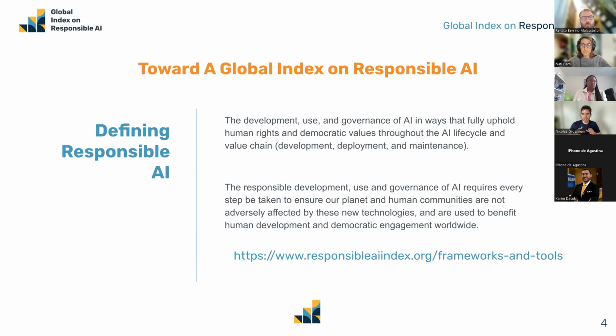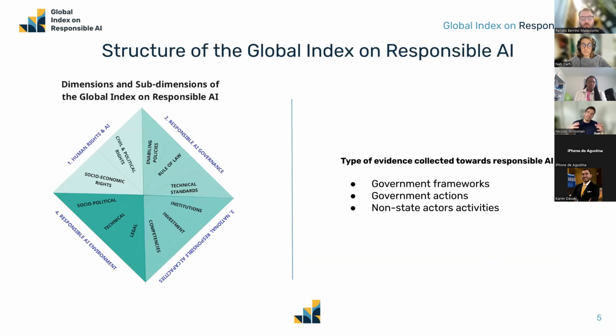Then I will share this URL with you, where we analyze more than 100 existing frameworks and share them with people so they can easily access them and see the background of this conceptual definition. Then, if we want to assess responsible AI at the country level, we have to operationalize that concept with sub-concepts from the conceptual framework I was mentioning before.